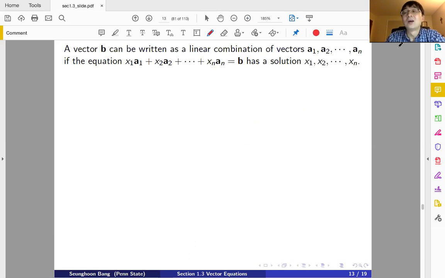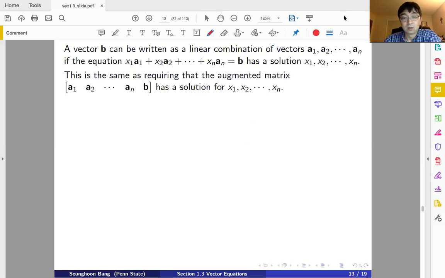Exactly the same as the previous result. This is the same as requiring that the augmented matrix A1, A2 till AN, and the vector B has a solution x1, x2, and xn.